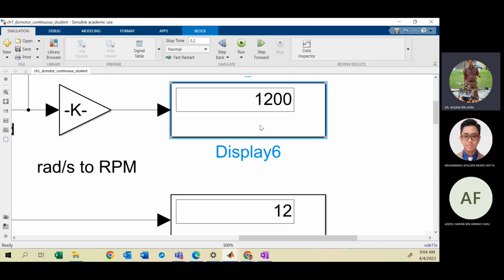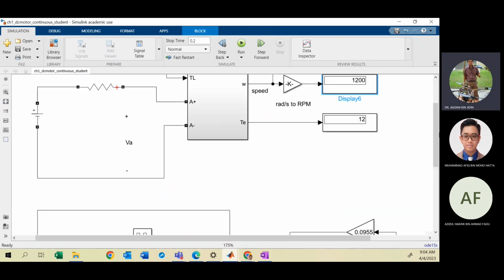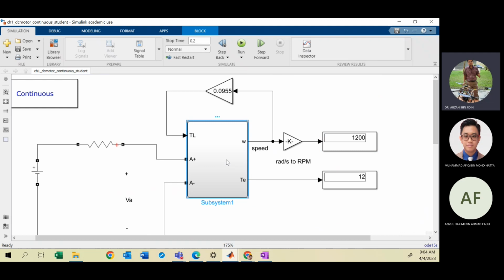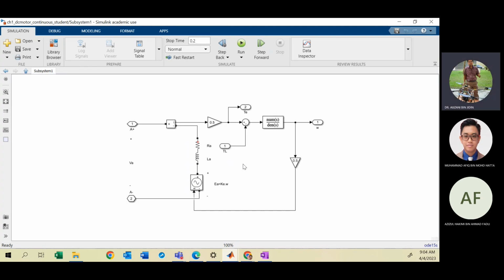Okay, before that, maybe I need to brief. So actually, this is the motor. Here is the motor. I click subsystem. You can double click this block to see inside the subsystem. So this is the model of the motor.